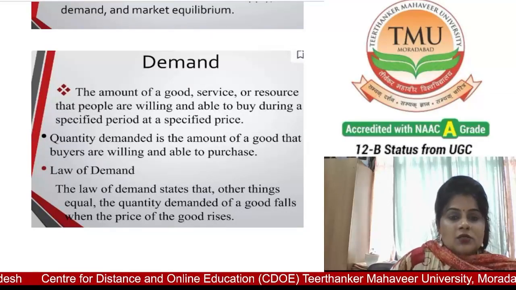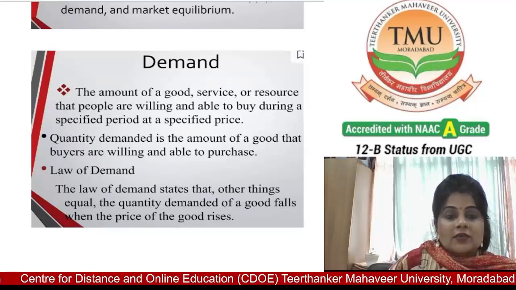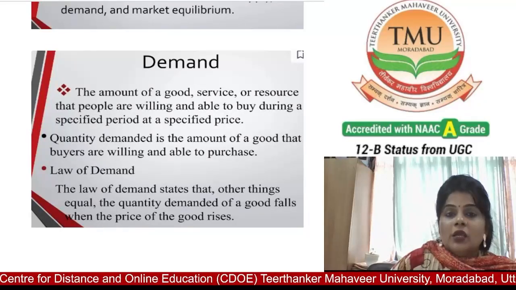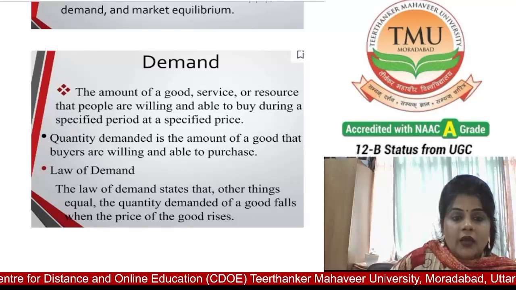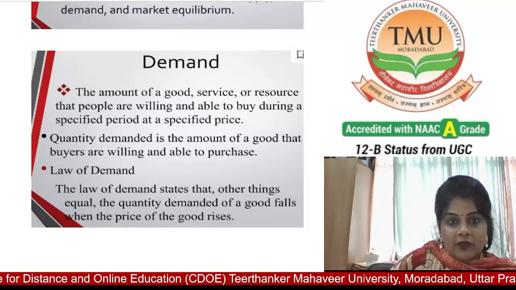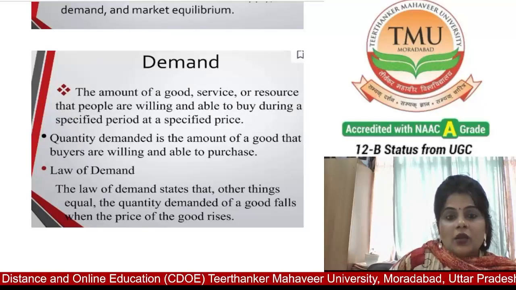Naturally, consumers are willing and able to buy less as the price rises. This results in a downward sloping demand curve, which I have studied before.